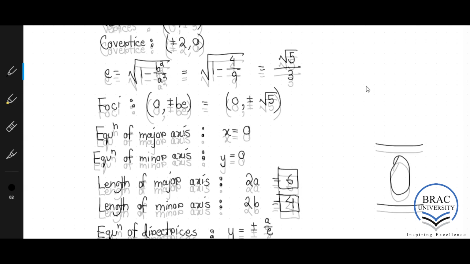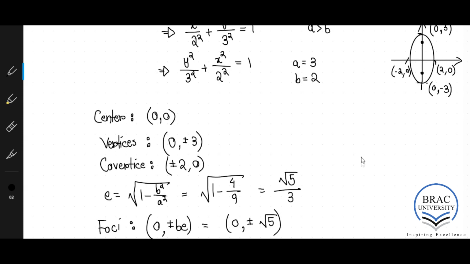Now, if we did have a shift of the equation, if we did have y minus k squared over some a squared plus, let's say, x minus 8 squared over b squared is equal to 1, well, we would again follow that same method.